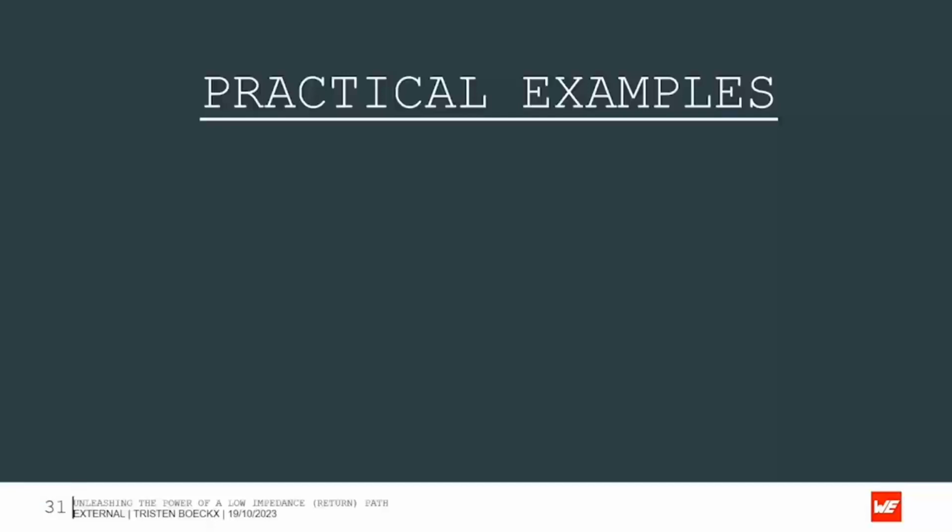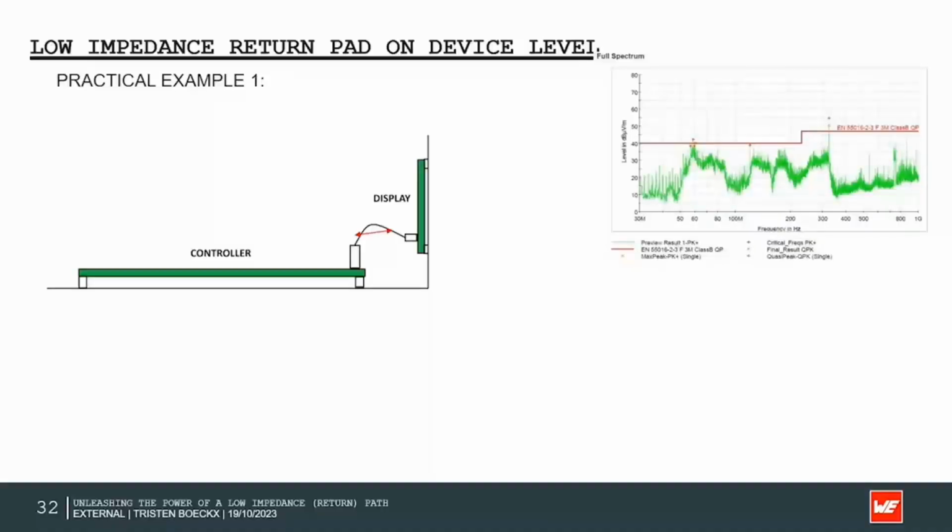When we then zoom in on some practical examples, I had a customer that was failing the radiated emissions. As can be seen in this picture, we have both a controller PCB and a display PCB that are connected by a ZIF connector or a ZIF wire.